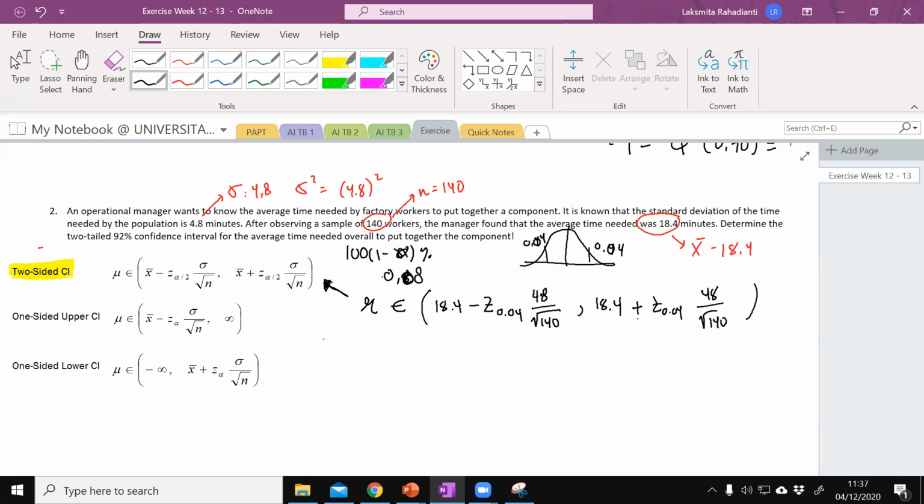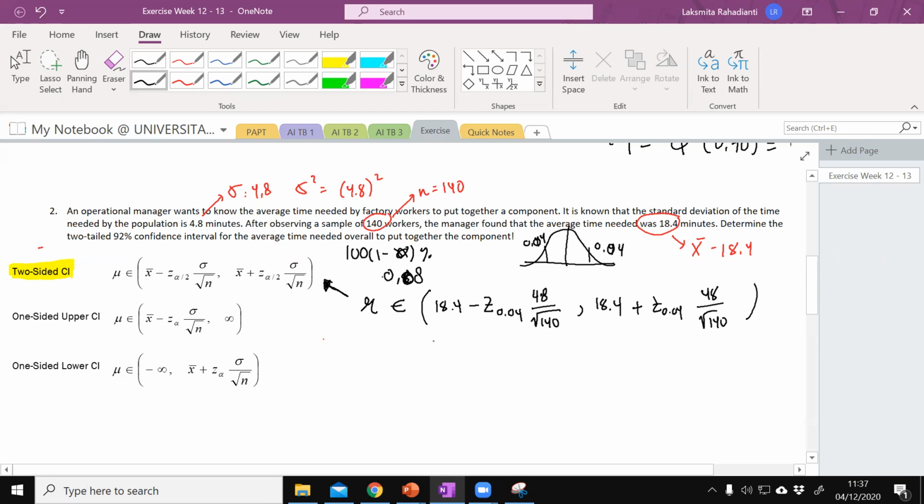For the commonly used alphas, you will be given the values of the z alphas. So here, we already know from the table that z of 0.04 is 1.75.